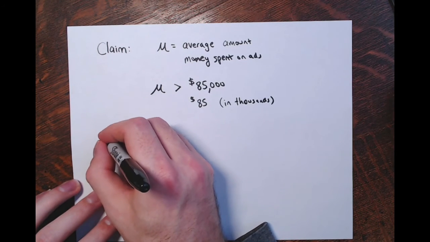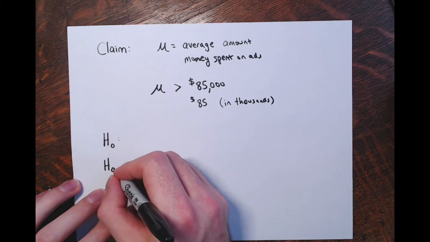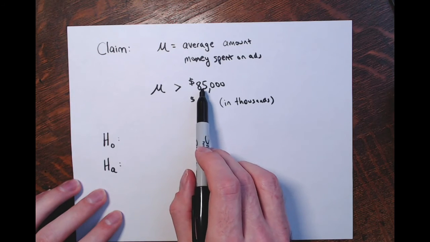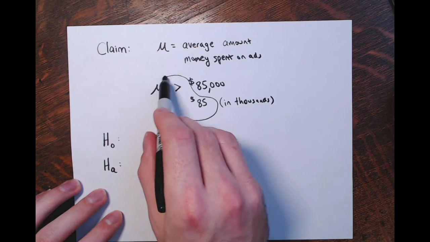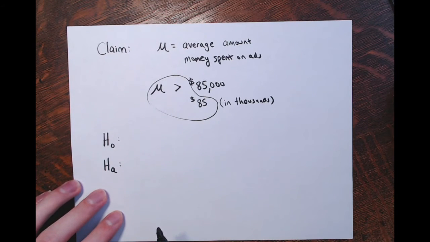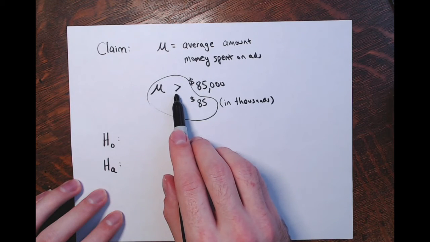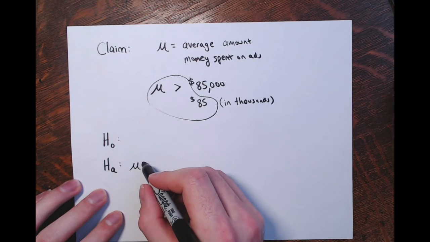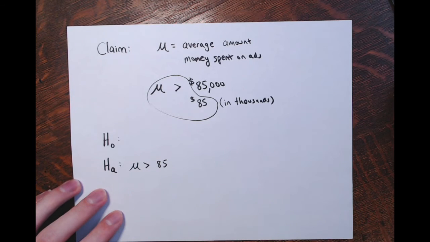You have the null hypothesis, H0, the alternative hypothesis, HA, and the claim was represented by one of these. Now, this claim, that mu is greater than $85,000, does not involve equality, right? It's strictly greater than. So that's going to be in the alternative hypothesis. Let's put mu is greater than 85 here.